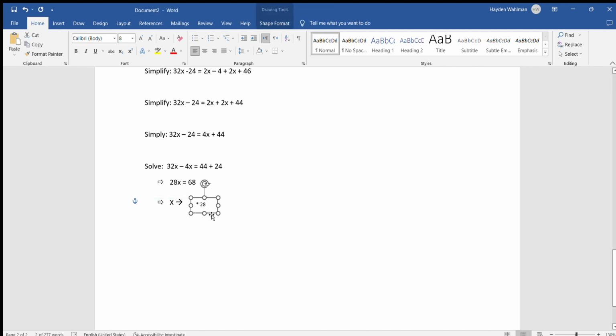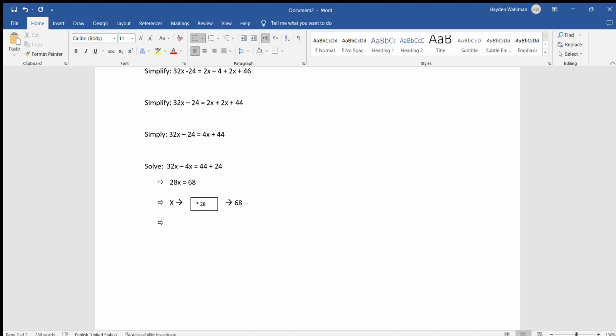X times 28 equals, what's the output? The output is 68, right?